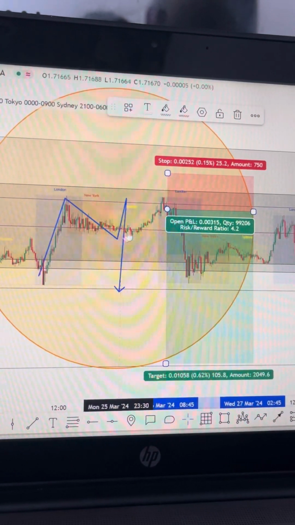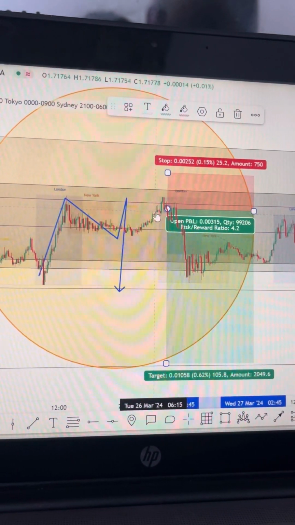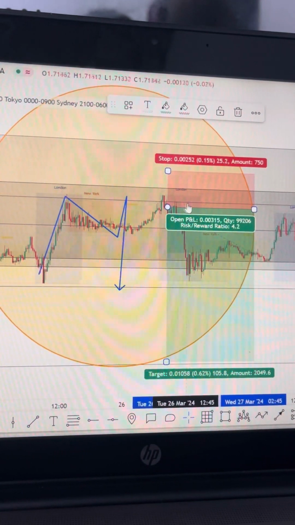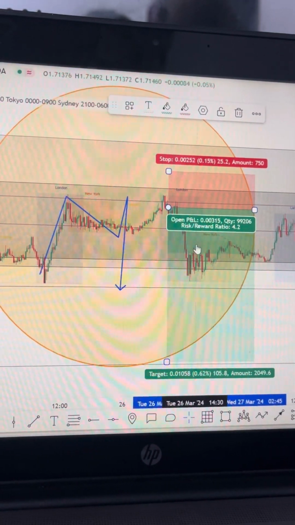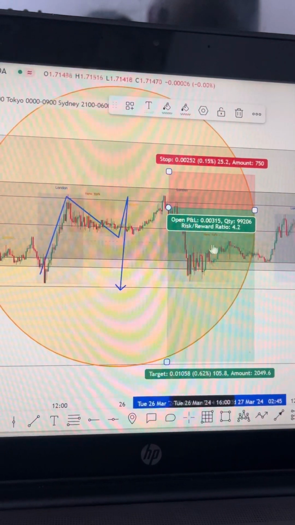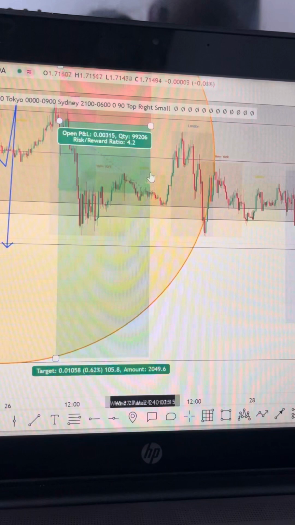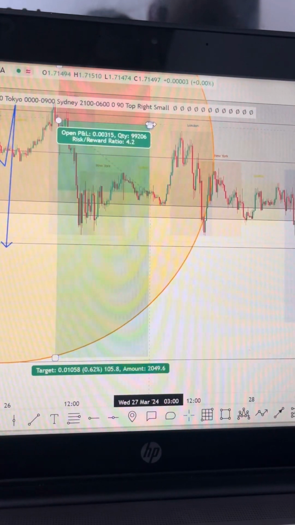After I entered the trade from here, the market gave me that bearish engulfing, so I entered the trade from there. The trade went and didn't close that day.